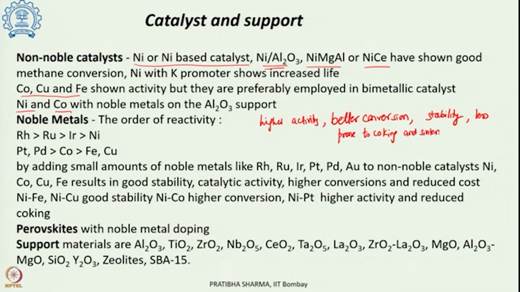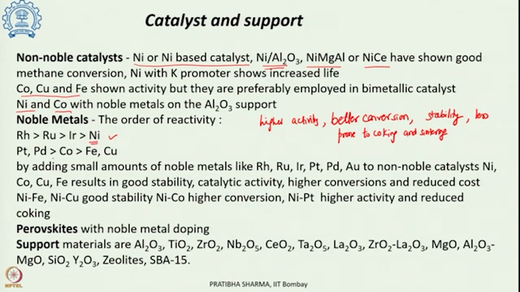Among the various noble metals, the order of reactivity is rhodium higher than ruthenium, higher than iridium, and it is more than even that of nickel, which is widely used as a catalyst.